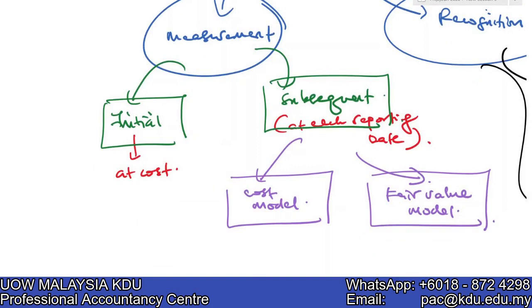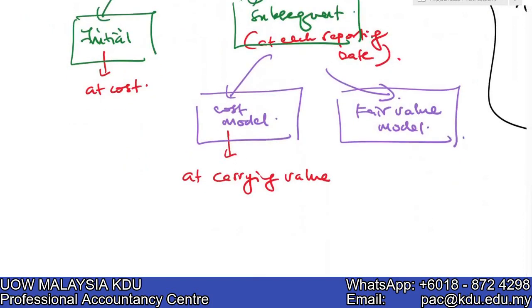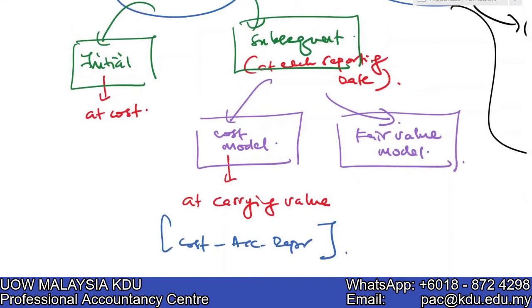If I use the cost model, my investment property will be measured at what value? Cost model, it will be at carrying value. How to get carrying value? Cost minus accumulated depreciation. Is that right? Same as your PPE.